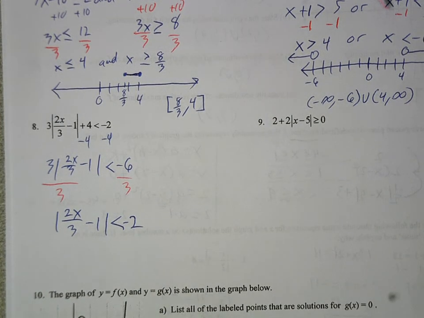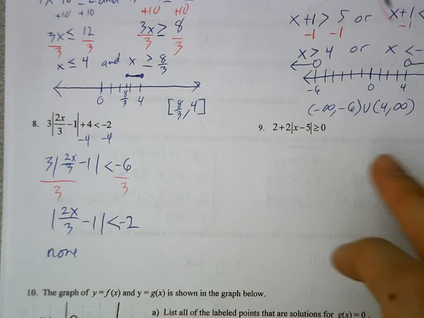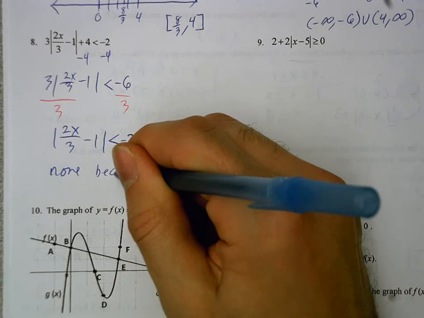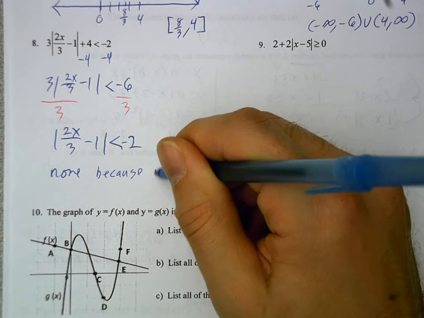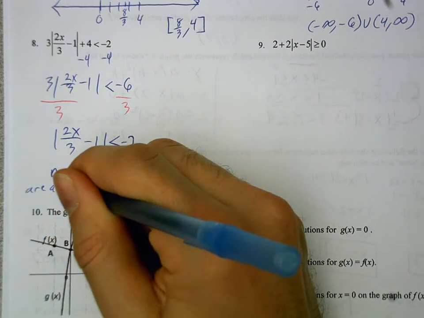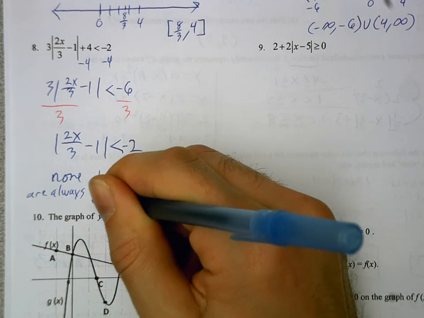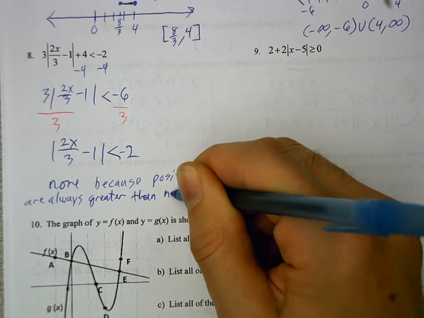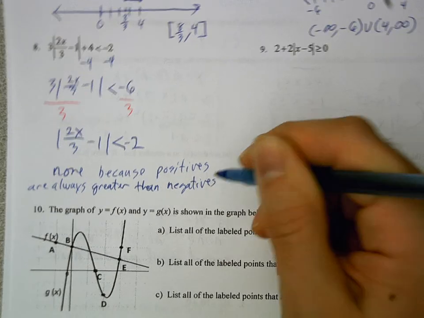Can the absolute value be less than a negative number? No. Absolute values are always positive. Positives are always bigger. So we're going to put none. That one's impossible. There is no solution, because positives are always bigger than negatives, and absolute values are always positive.